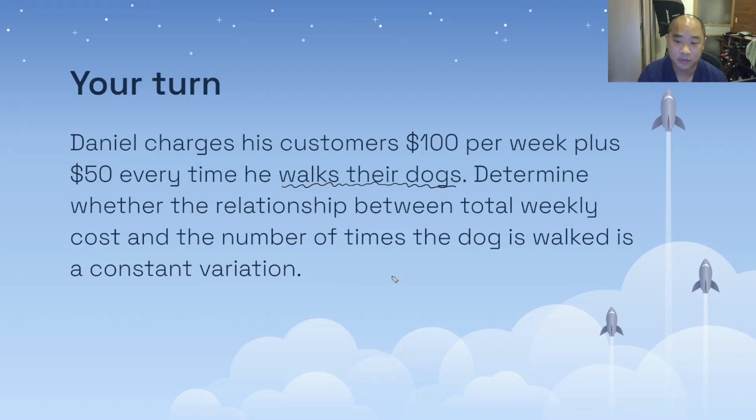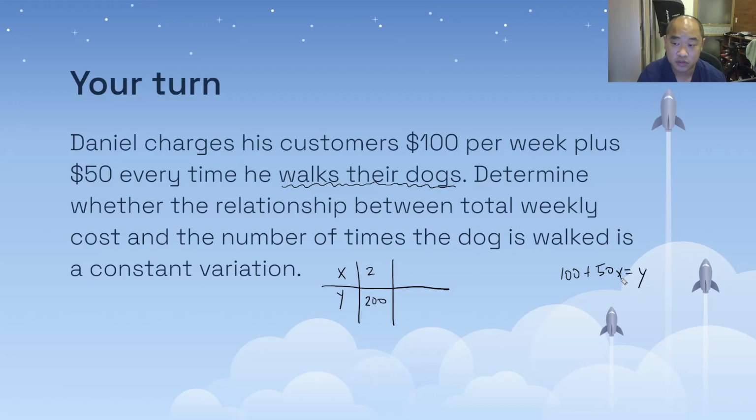So, for example, if I ask him to walk my dog 2 times in a week, then that's going to be $200, right? Because it's $100 plus $50 every time that the dog is walked, and that's y.